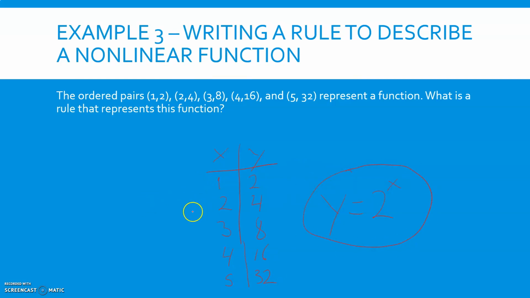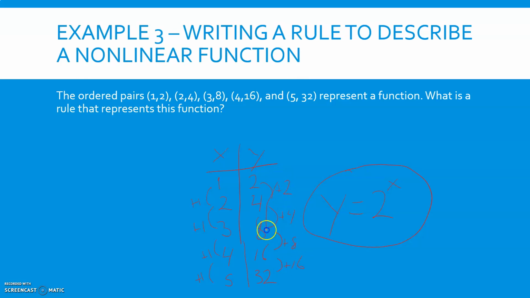And then once again, this change. Every time we go up 1 here, do we go up by the same amount on this side? We go up 2, then we go up 4, then we go up 8, and then up 16.